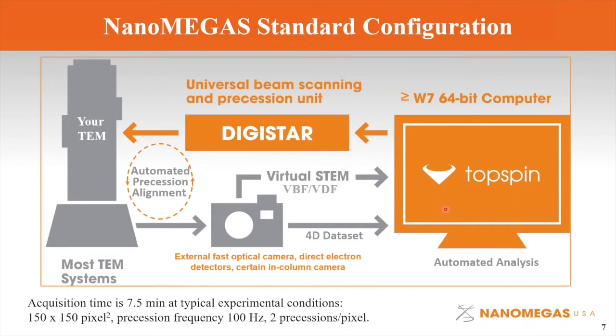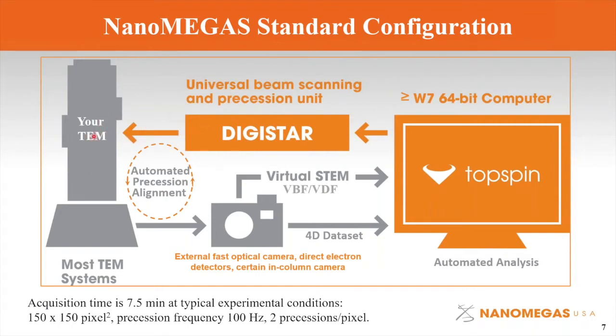Let me walk you through it. Based upon user input, scanning and precession signals are generated. The digital signal is generated and then sent to a universal beam scanning and precession unit. This unit converts the digital signal into an analog signal and then sends it over to the microscope.